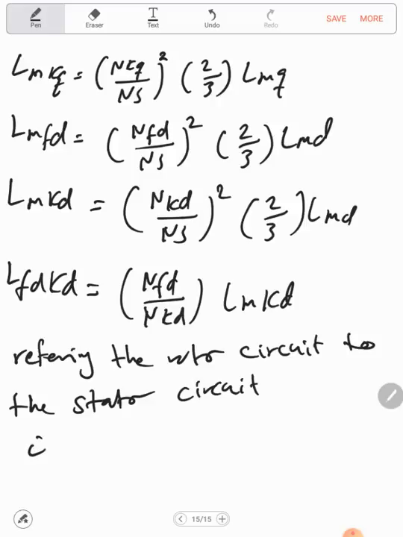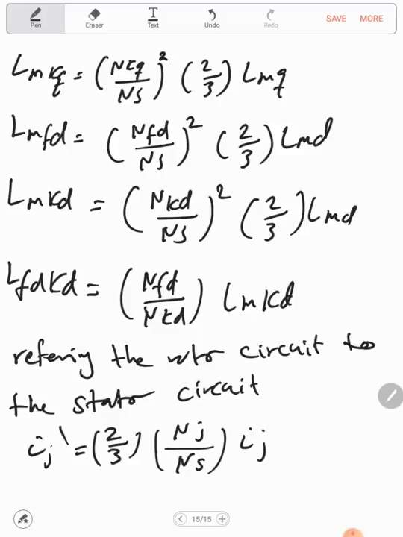so Ij dash will equal 2 over 3 Nj over Ns multiplied by Ij. So here J can be FD, KD, KQ.